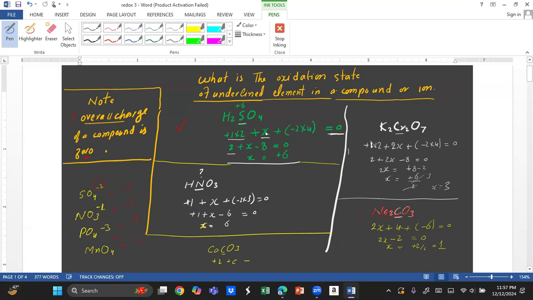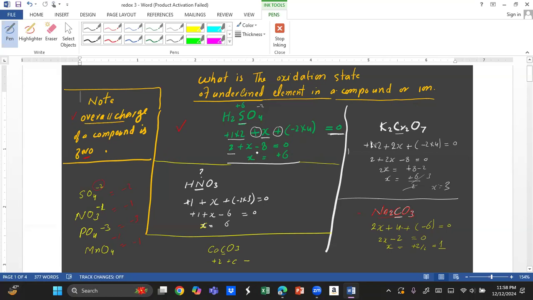Similarly, when we move from one element to another, we use the sign of plus between the oxidation states of the elements. Okay, you know oxygen is minus 2 because it belongs to group 6. There are 4 atoms, so we multiply minus 2 with 4.